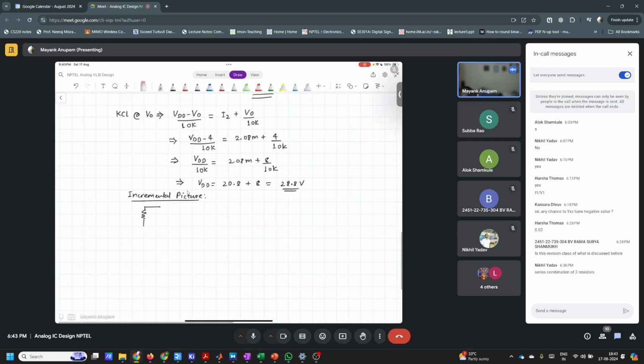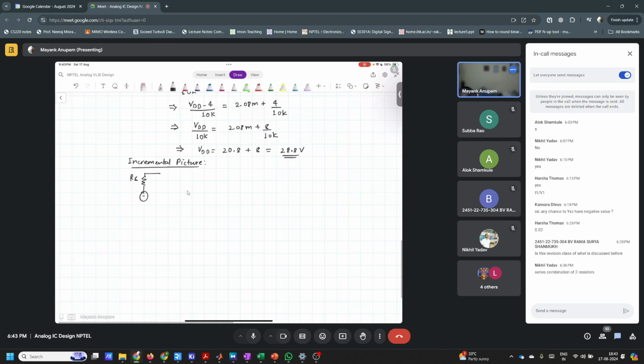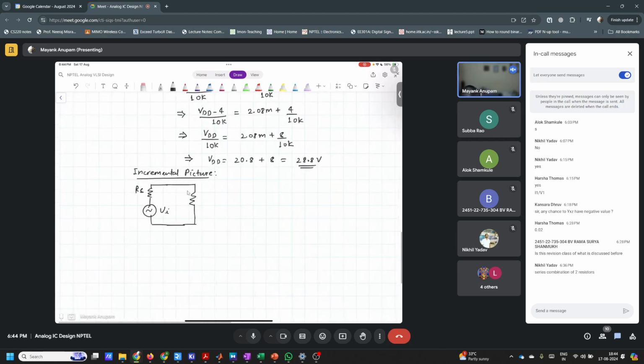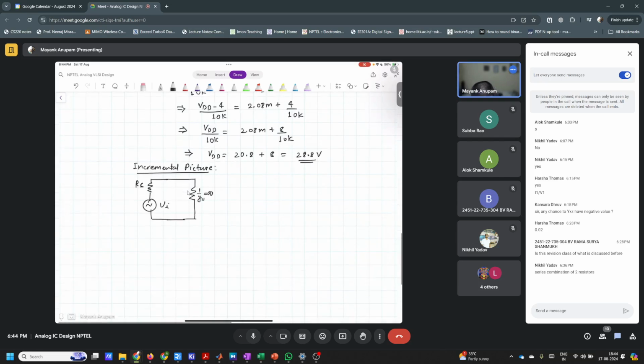So this is RS, and here we have VI. Now, what is Y11? It was 0, right? So what will this resistance be? 1 over Y11, which should be infinity, correct? Again, what was Y12?